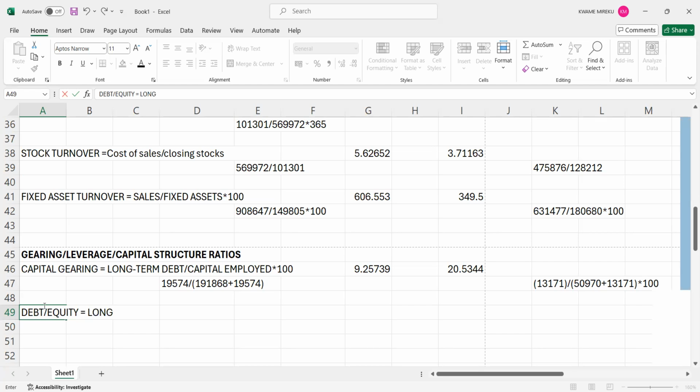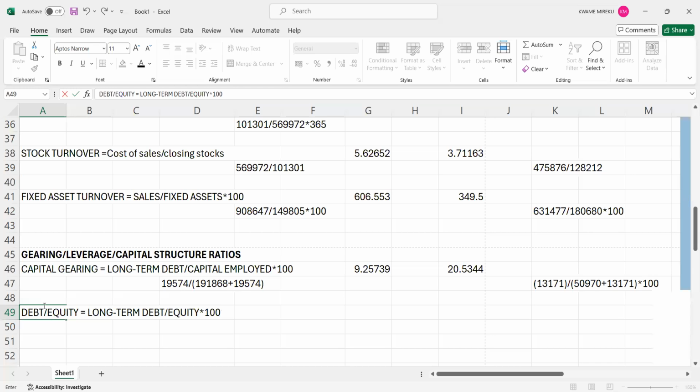So long-term debt over equity times 100. Here, the benchmark will now be 100% instead of 50%.